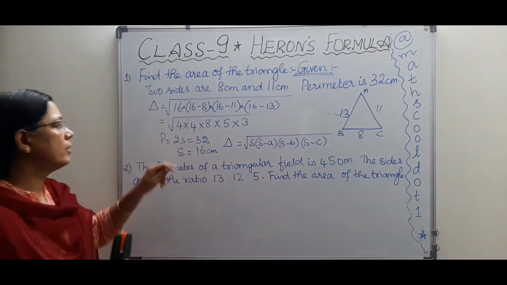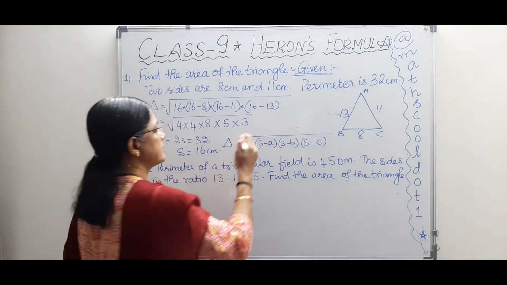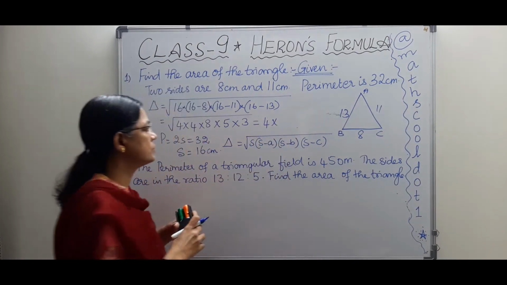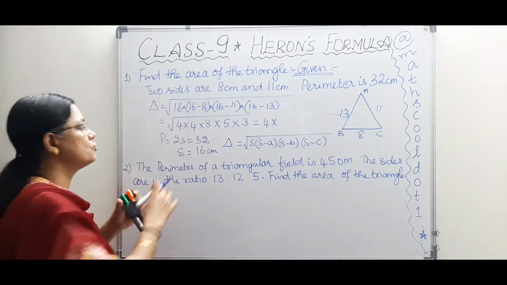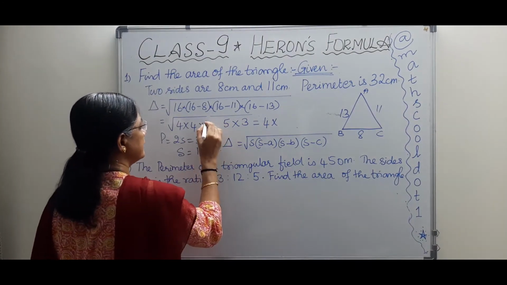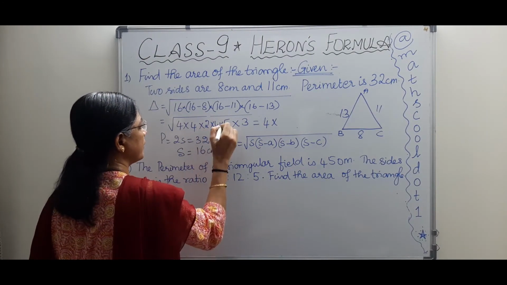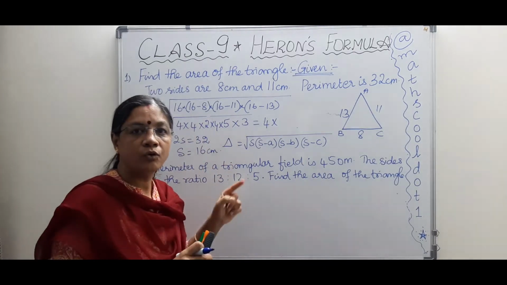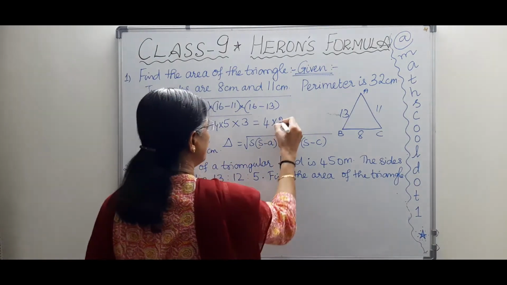See, now for the two 4s, I take 4 outside. This 8 can be written as 2 into 4, isn't it? I'll write it here: 2 into 4 into 5 into 3. For this 4, the square root of 4 is 2, so I take 2 outside.